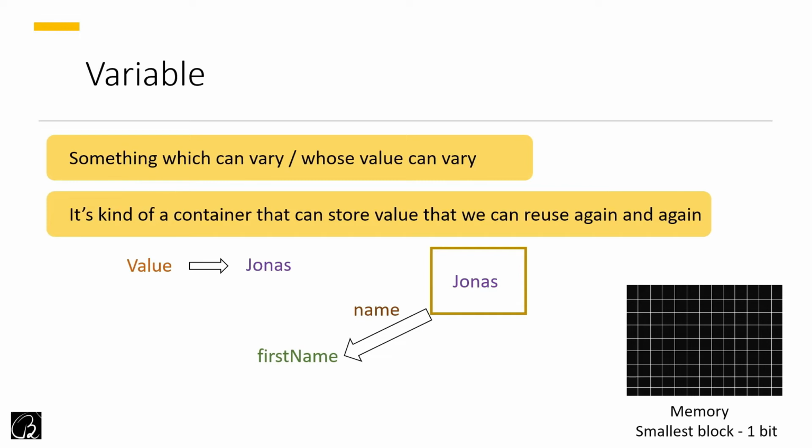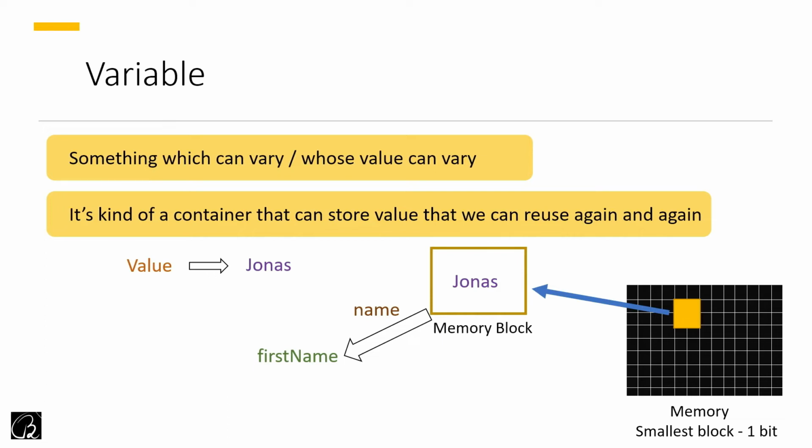Our memory is divided into a large number of these smallest 1 bit memory blocks. I'll take some of these memory blocks, and this is my container. The container that is storing Jonas is nothing but a number of smallest memory blocks of 1 bit size. Now you got the idea of what a memory block is.